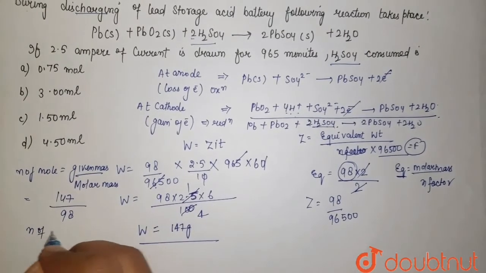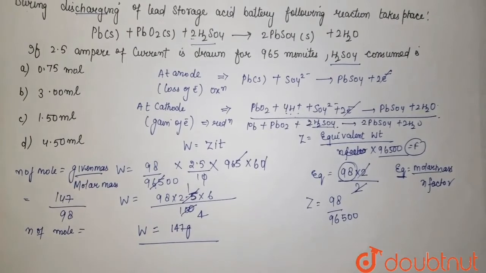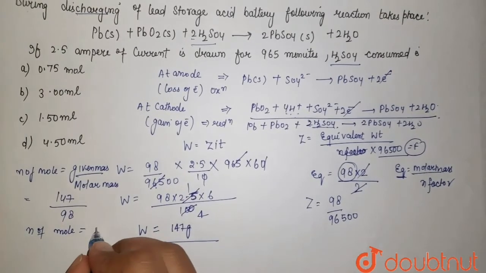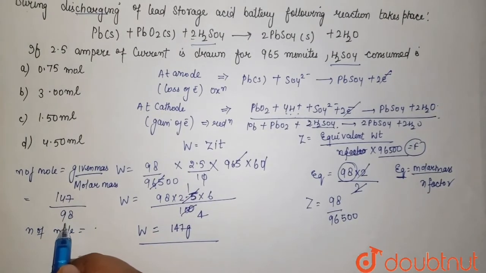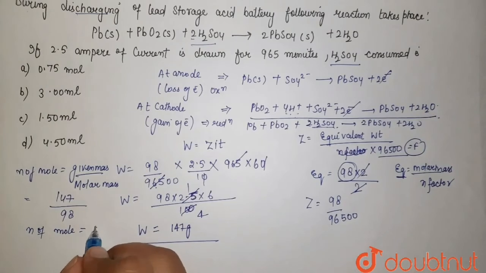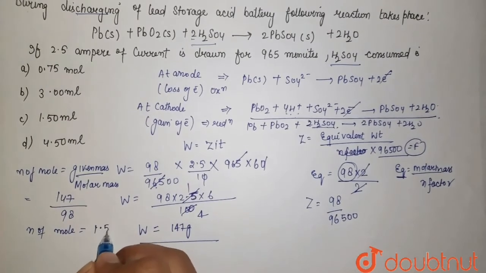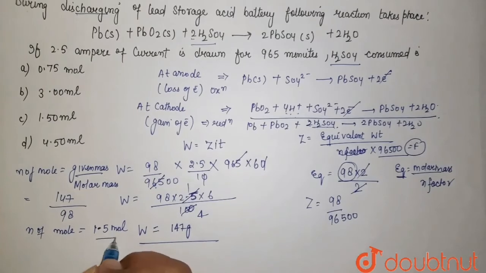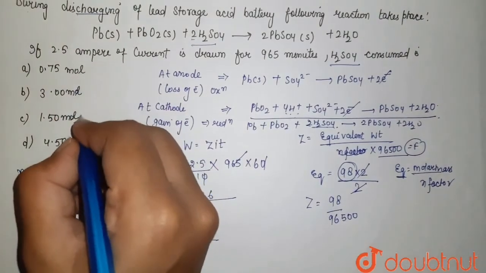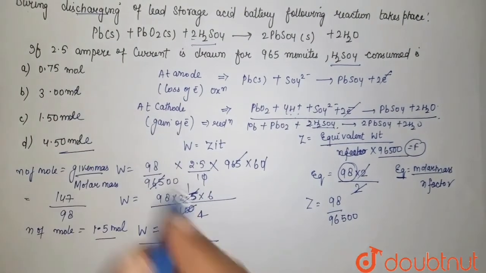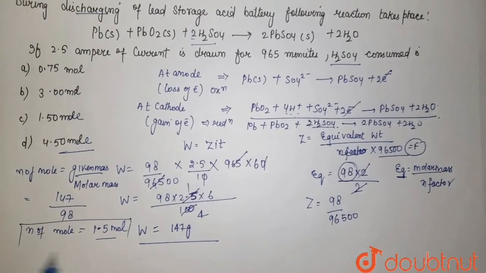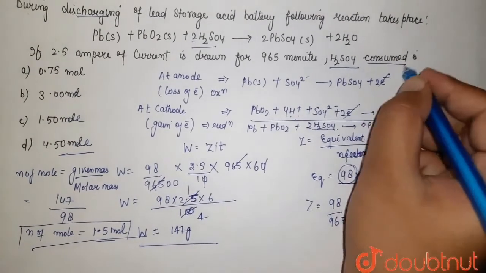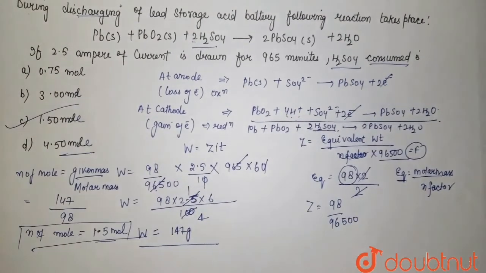So the number of moles comes out to be 147 divided by 98, which is equal to 1.5 mole. So we get to know that the number of moles of H2SO4 that has been consumed is 1.50. That is, option C will be the right answer.